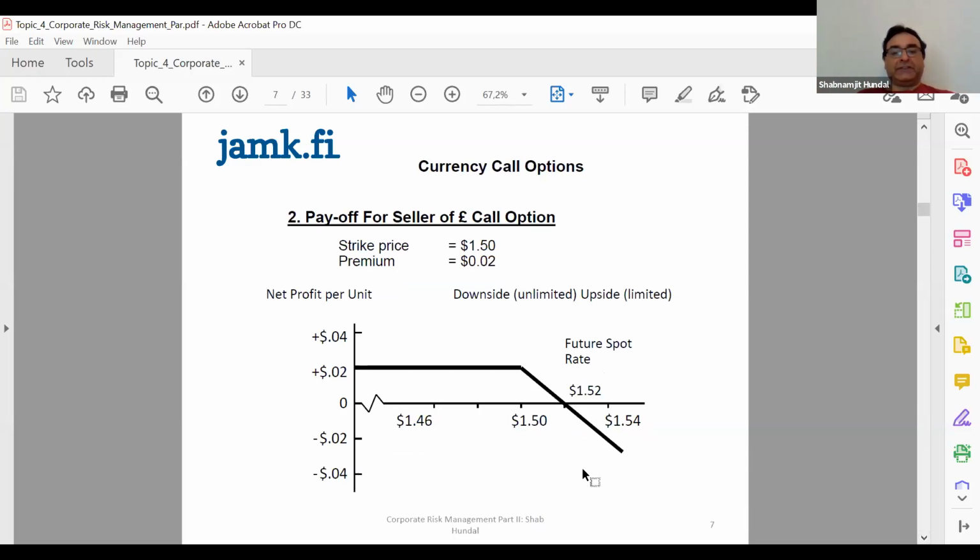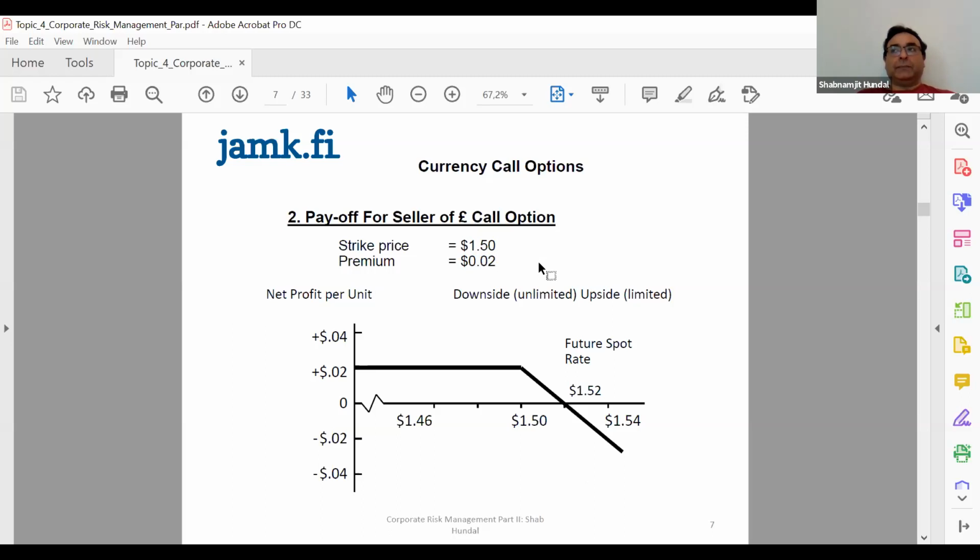This payoff is from the seller's point of view. Everything is same, but you see that the seller, the bank, would never gain more than 2 cents. And that gain is the premium.